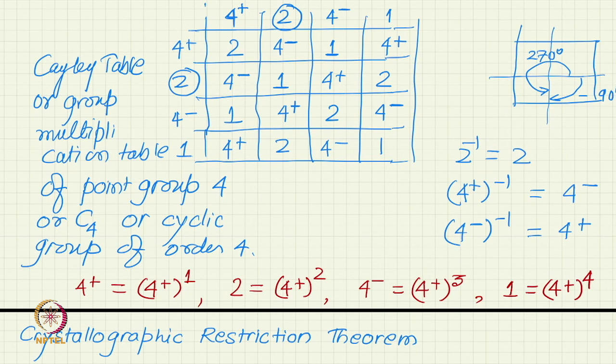So, 4 plus is an element whose powers give you all other elements of the group. So, this is what is defined as a cyclic group. A cyclic group is a group in which all elements can be expressed as powers of a single element.